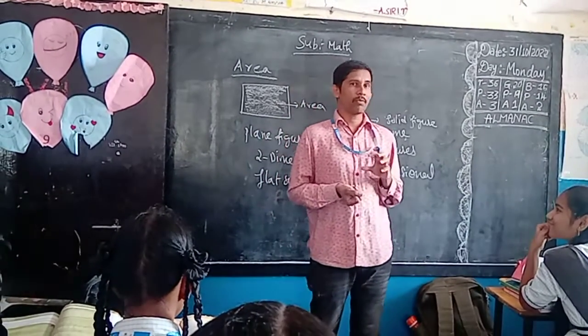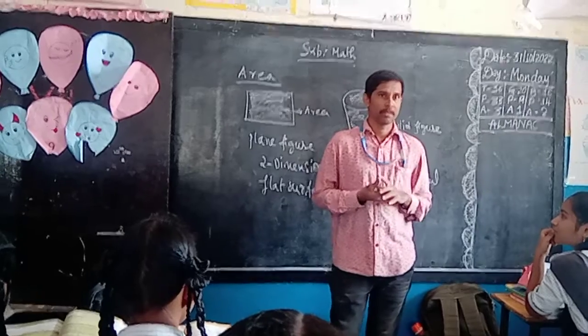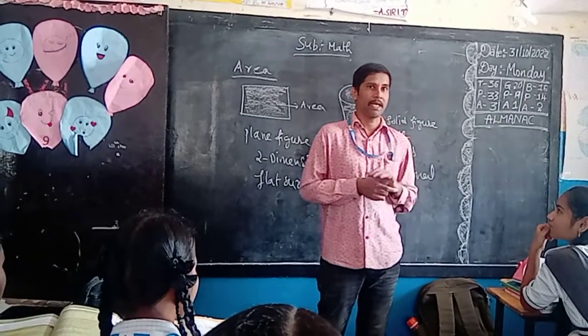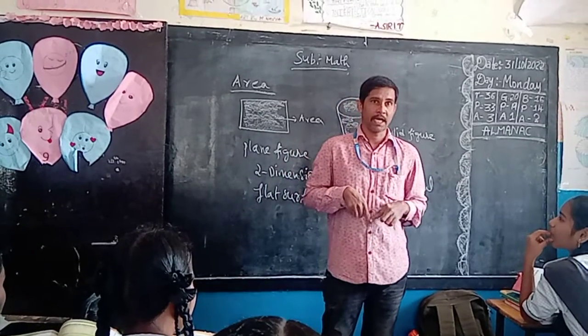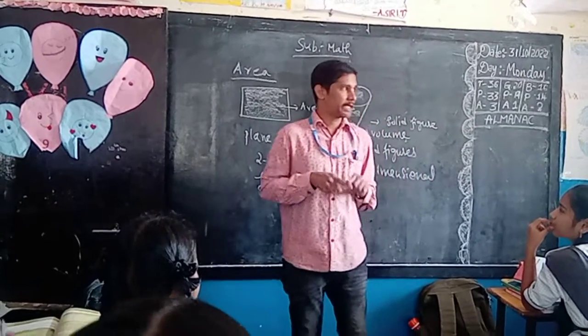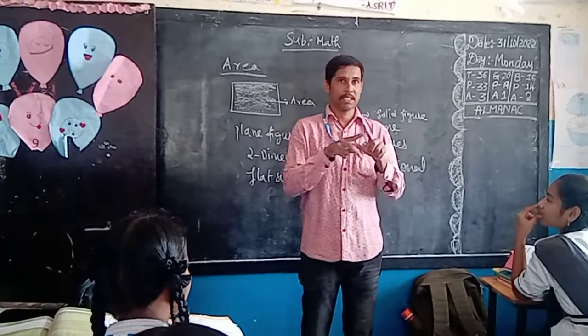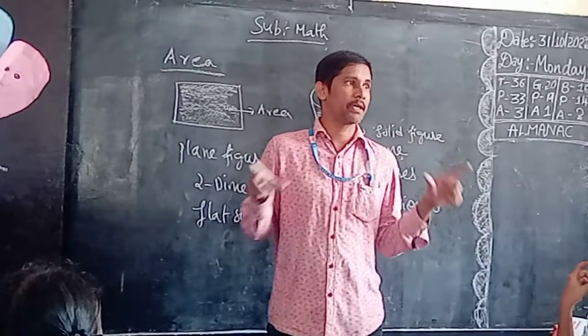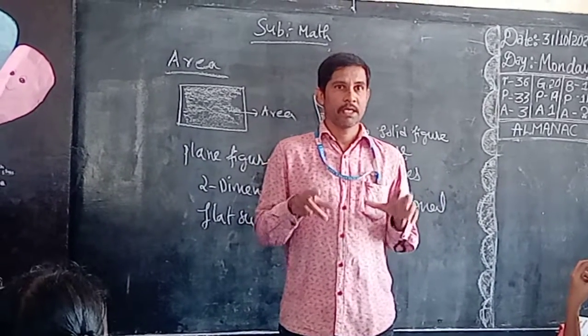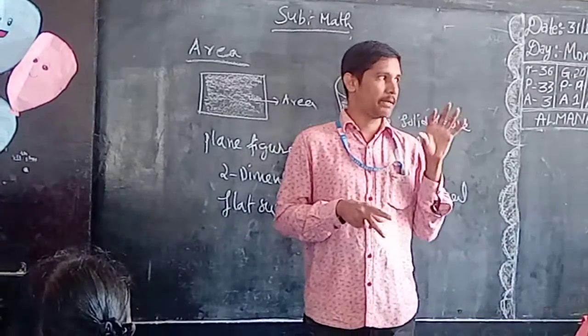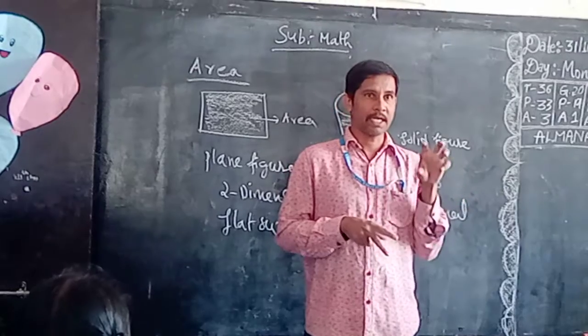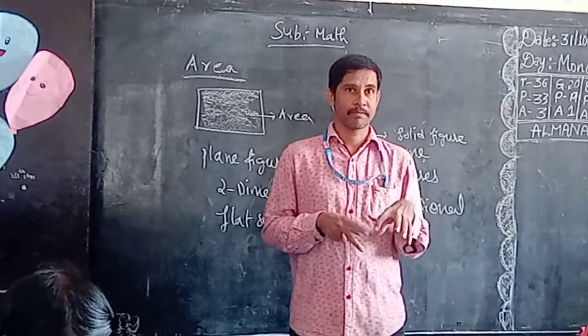For example, I want to construct some school. First I will buy some land. I will see the area of that land. Is this area sufficient for me to construct the building or not? According to that, I will plan. First I will buy the land. That land is a plane figure. Why?